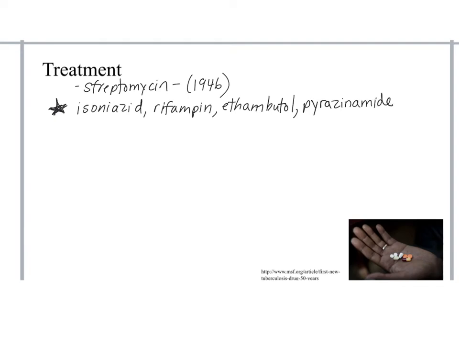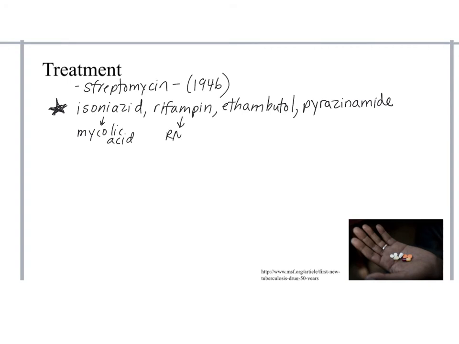Okay, so again, this is 4 drugs. They're typically given in combination, and they all have a little bit of a different mechanism, and that's on purpose to hopefully slow any resistance to any kind of antibiotic. So remember, isoniazid targets mycolic acid.